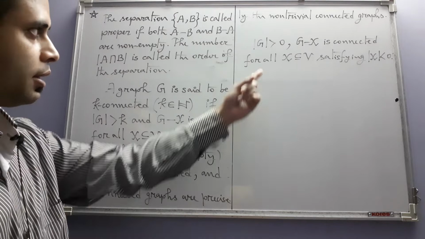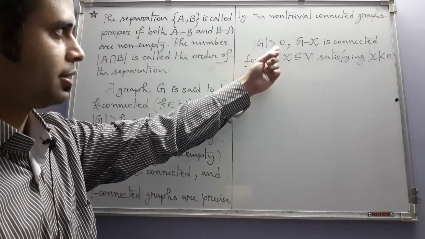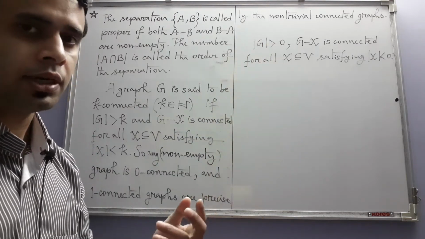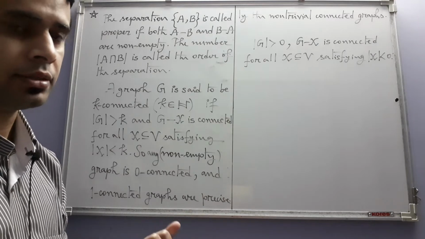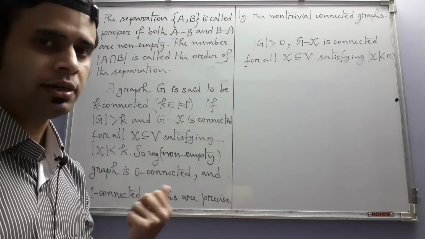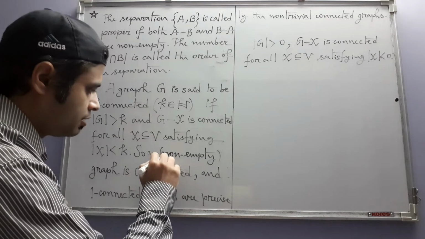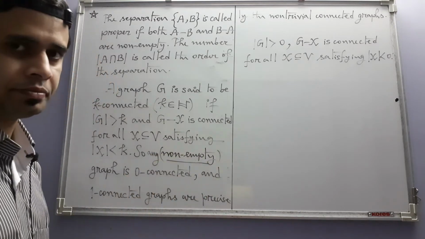Now this condition tells us that G should have order greater than 0. That means the graph should have at least one vertex. So that's why non-empty.